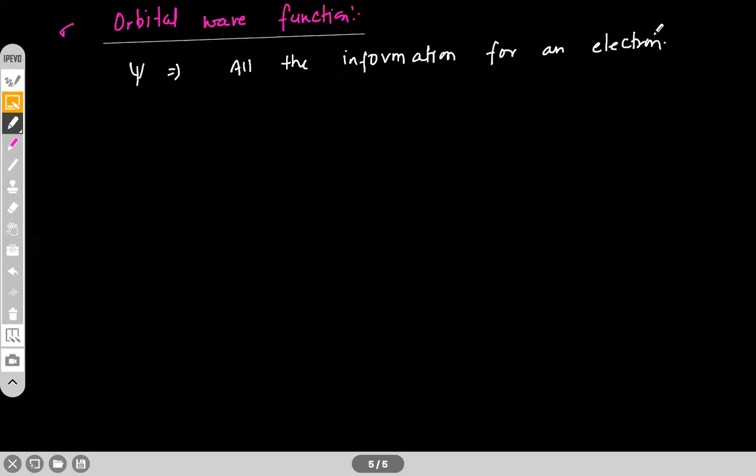This psi has two components. One is the radial component and the other one is the angular component, theta and phi.